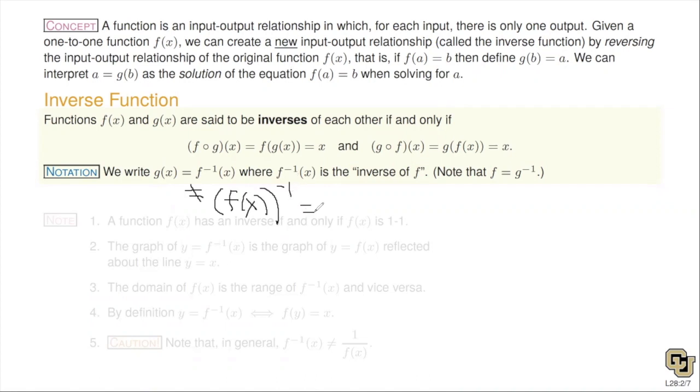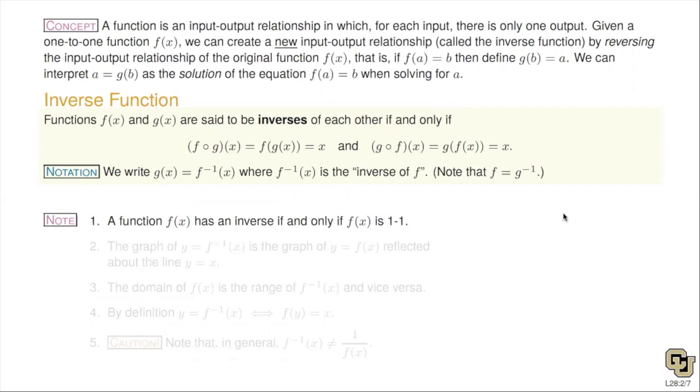The inverse is not the same as the reciprocal. Be careful with your notation. And I'll mention this point again. Look at where the -1 is. If this -1 is right on the f, that's an inverse. If it's not directly on the f, it's a reciprocal.